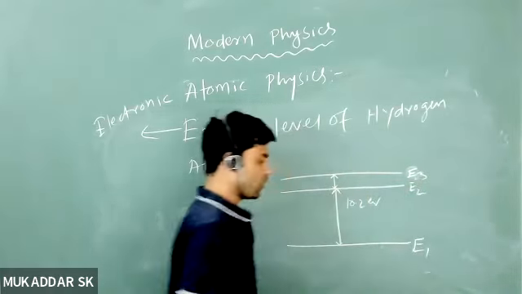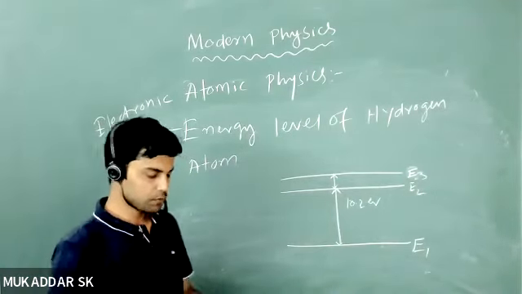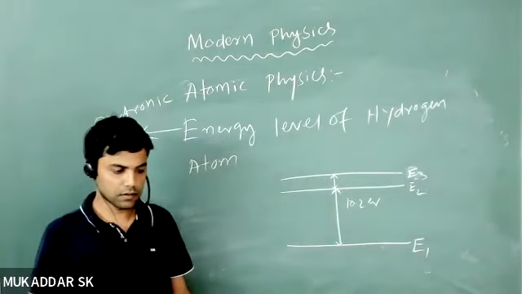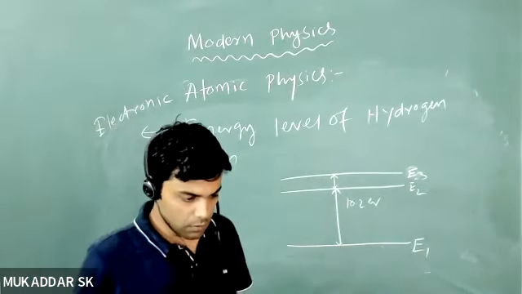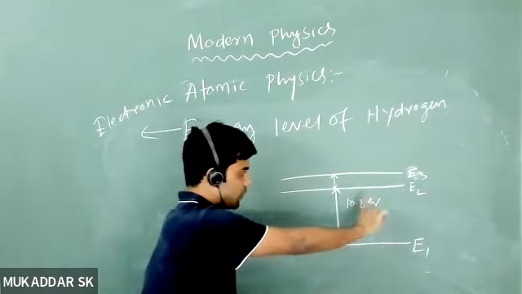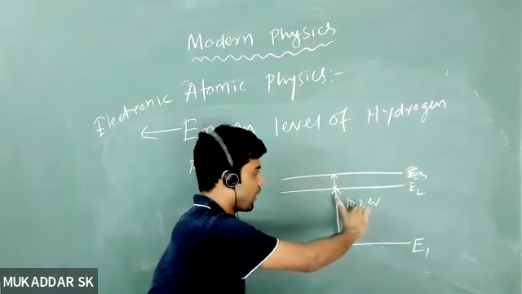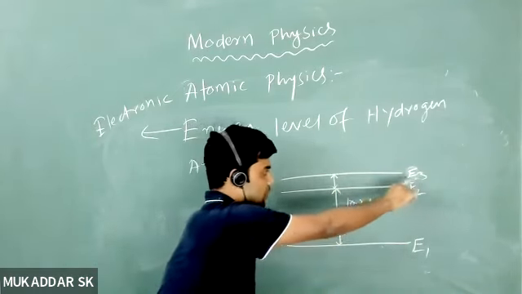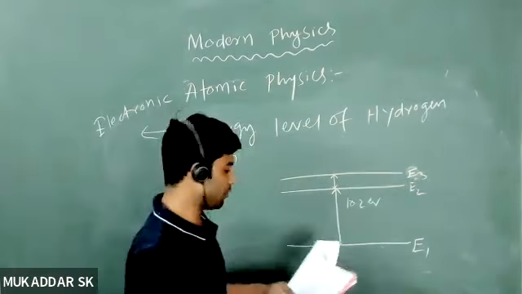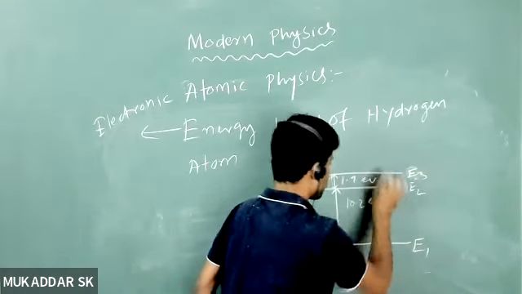How much will it be? I'm saying the separation between the first excited state and ground state for hydrogen atom will be very high compared to the separation between E3 and E2. That separation is approximately 1.9 electron volt.